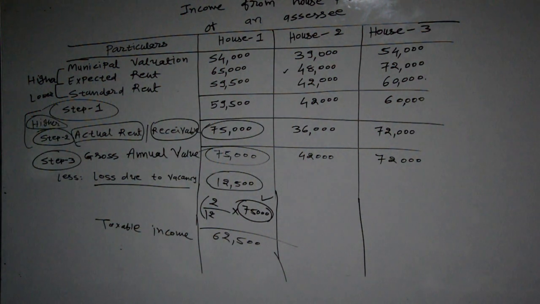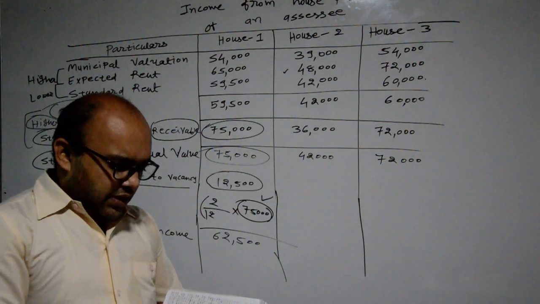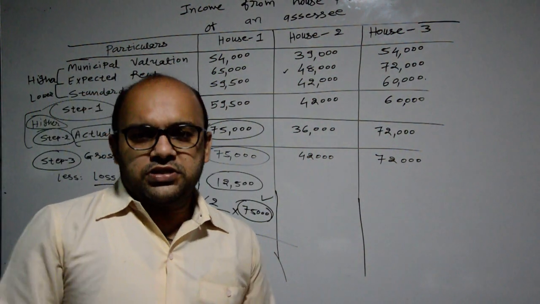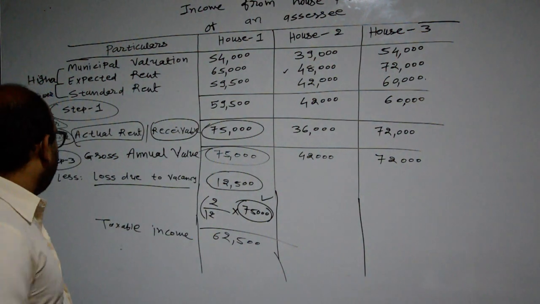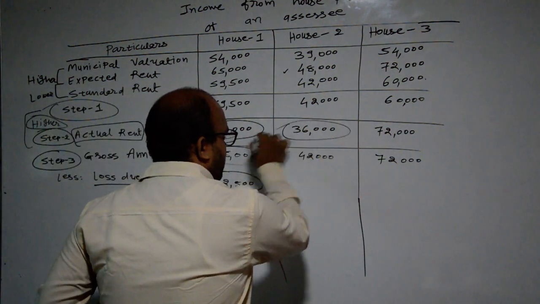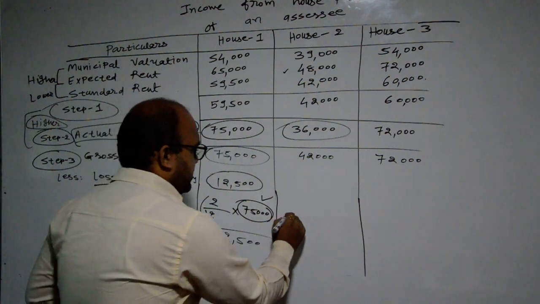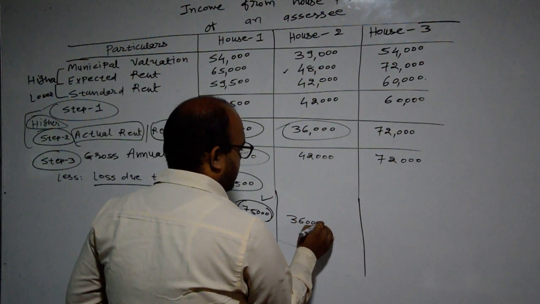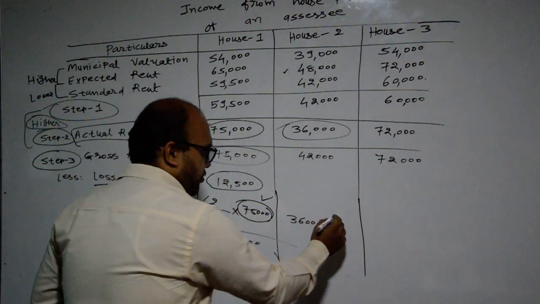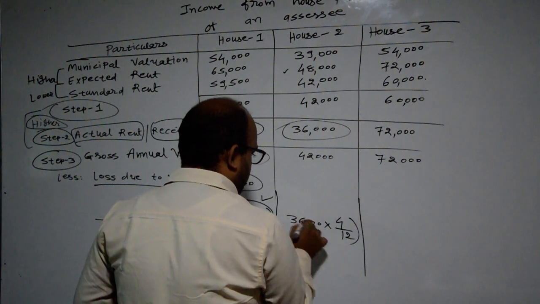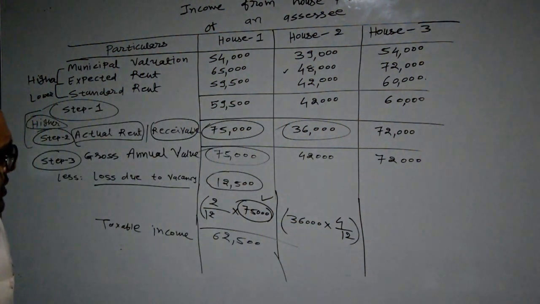In the second house it is said that 4 months is loss due to vacancy, and actual rent received or receivable is rupees 36,000. So 36,000 multiplied by 4 by 12, because for 4 months the house is vacant.